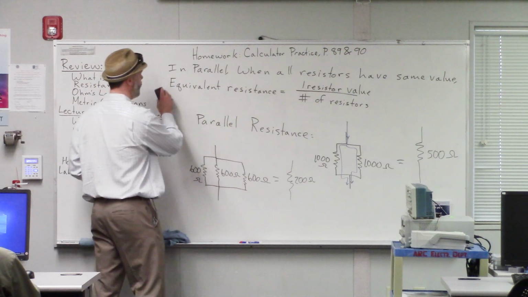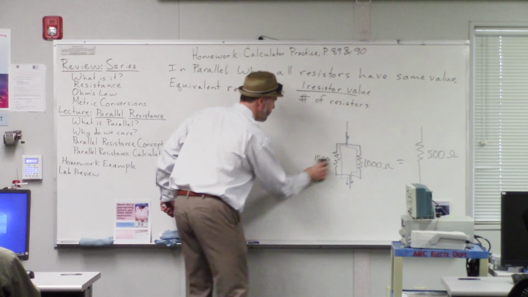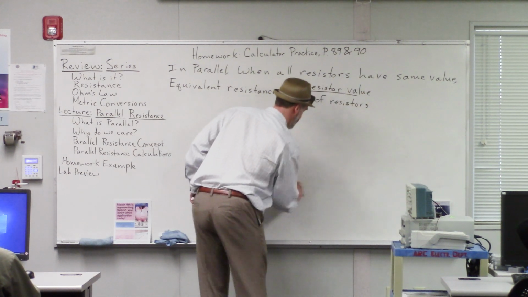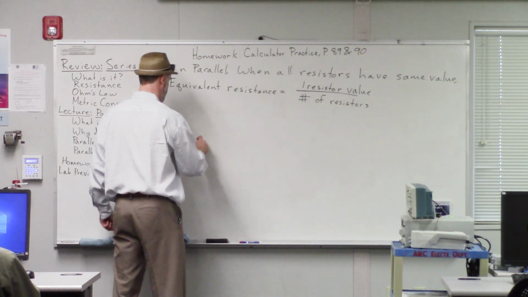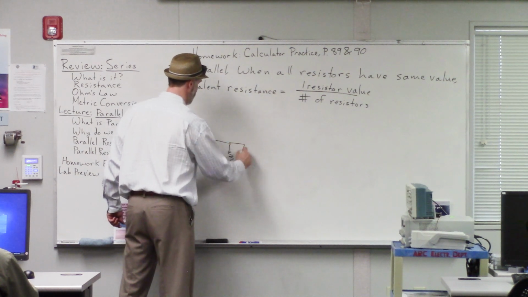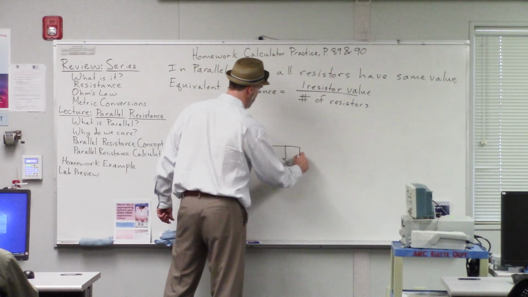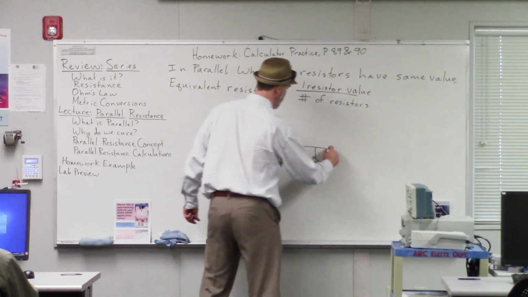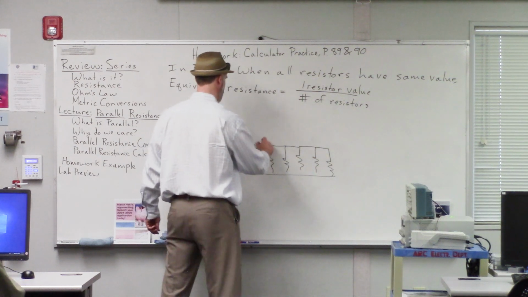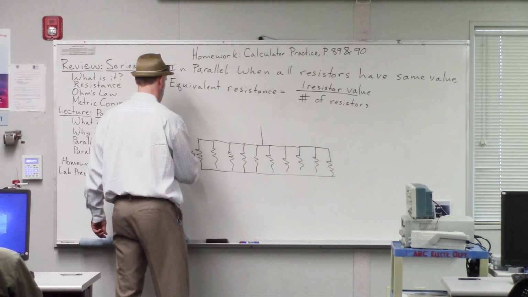So let's say you had 10 resistors and they're all 1,000 ohms.